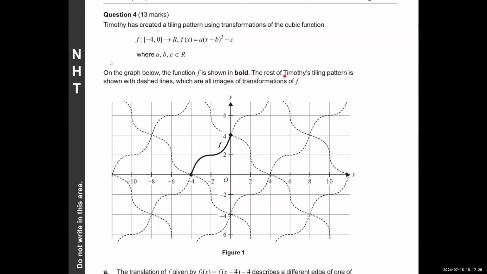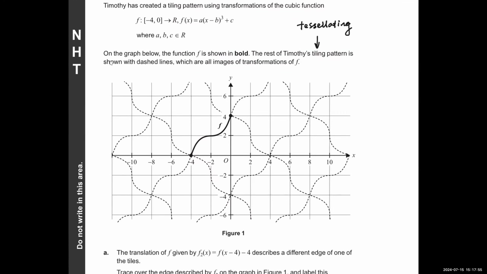The rest of team's tiling pattern, actually, I would be using this phrase, tessellating. Tessellating is like putting two identical parts with the same pattern intimately close to each other, okay? Tessellating pattern is shown with dashed lines, which are all images of transformations of f.